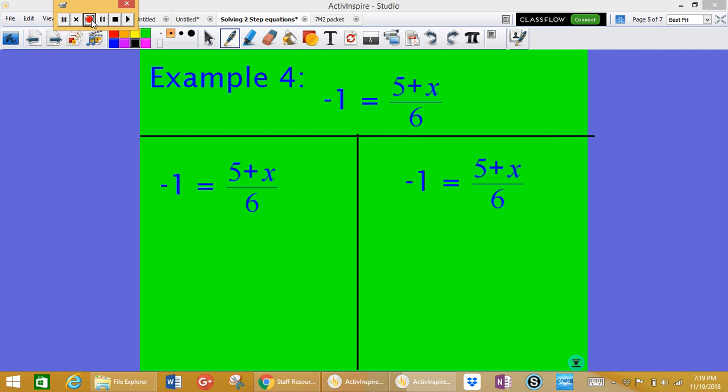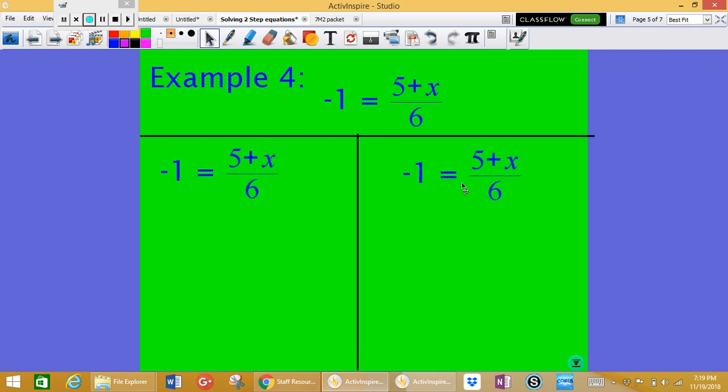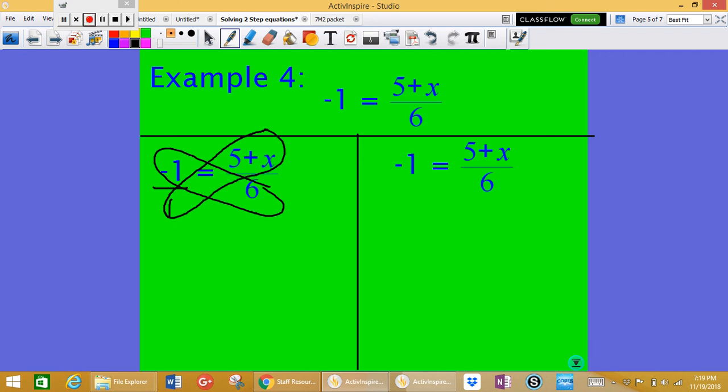I can do this problem in two ways also. So the first way, because this is a fraction, I'm going to turn the answer into a fraction. So I'm just going to put it over 1. Then I'm going to cross multiply. So negative 1 times 6 and 1 times the x plus 5.